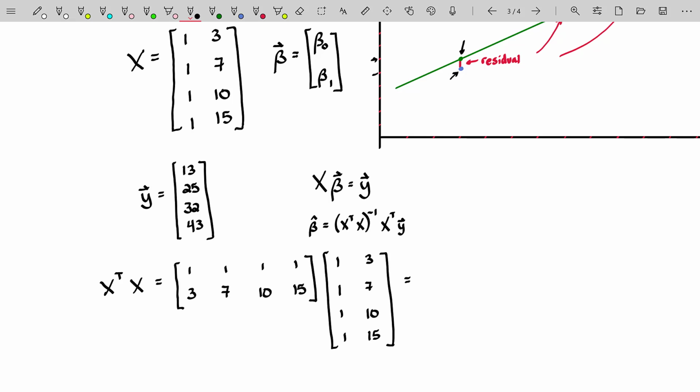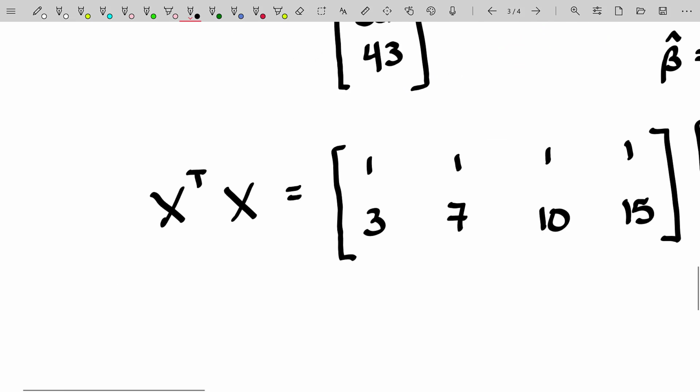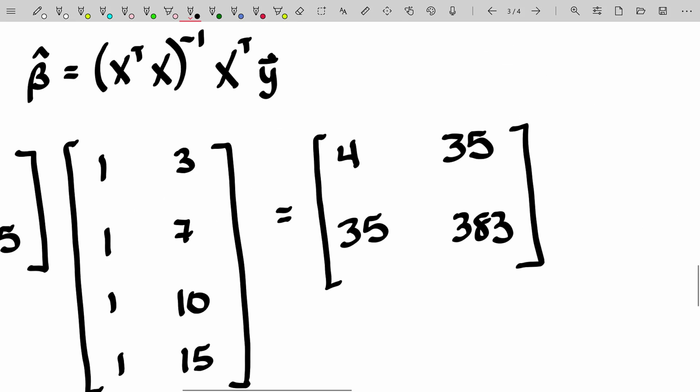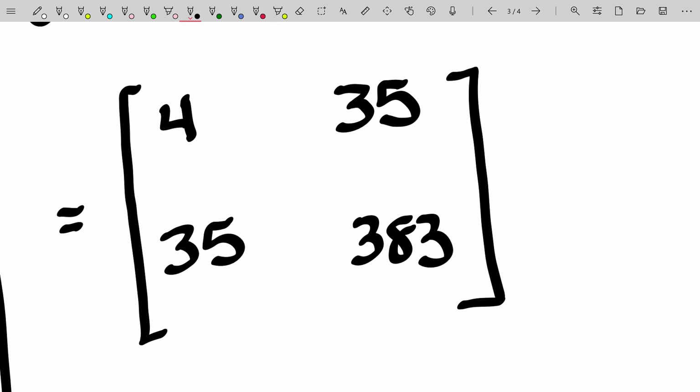Now something I want to mention here, and I've mentioned it in a previous video: when you take X transpose and multiply it against itself, you get a symmetric matrix like this, where this entry is the same as that entry. So that speeds up computation significantly.